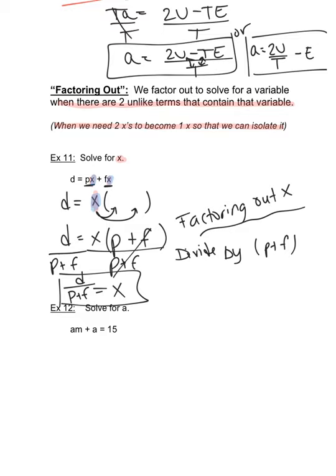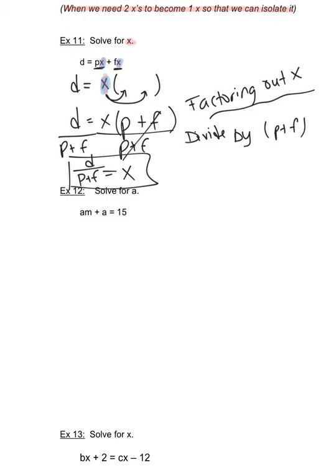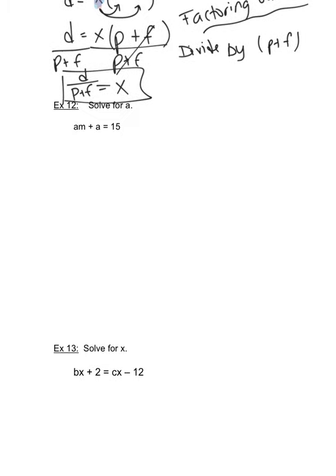All right, so we'll look at one more for today, and that is example 12, solve for a. You'll notice again that the a is here and here, so I can't isolate it when it's in two places. So I'm going to take that a and factor it out. I'm putting it in front of parentheses, and I'm asking myself, okay, a times what would give me am, and then a times what would give me a?